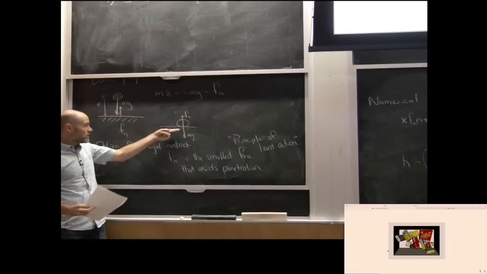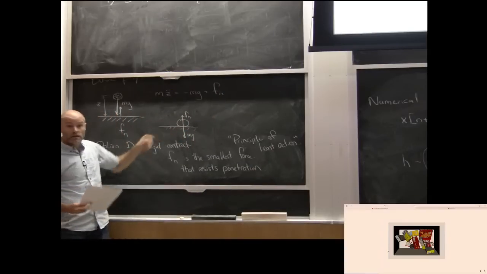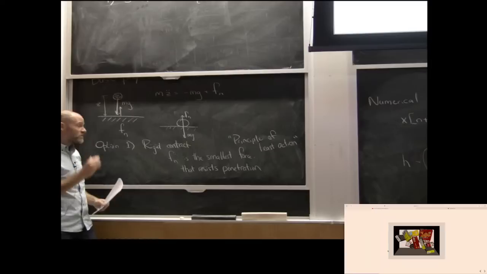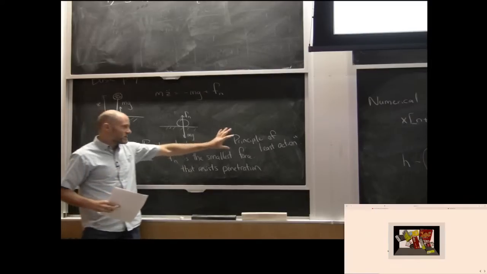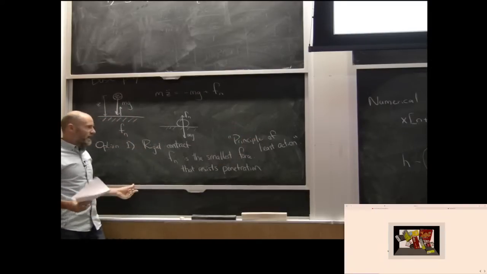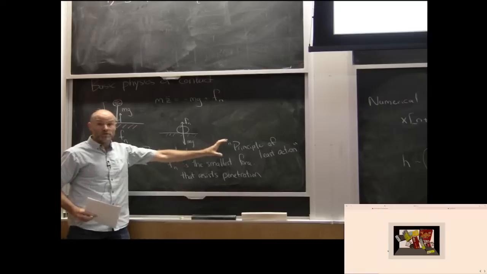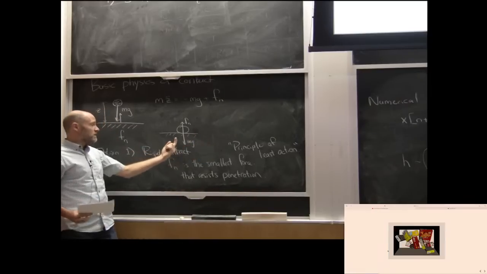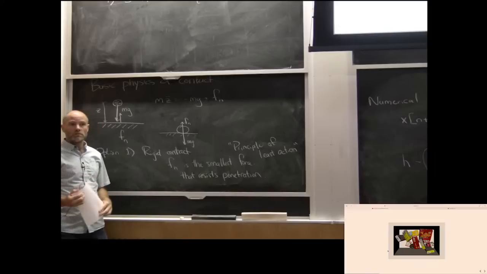This represents a constraint, and the forces of constraint in the principle of least action, which is a mechanics principle, are the minimal forces they need to be, making the minimal change to the unconstrained motion as possible.